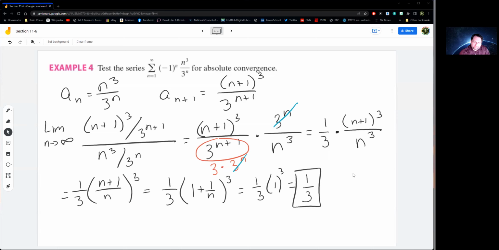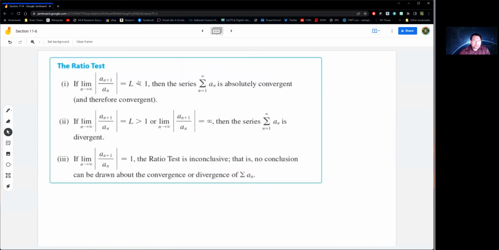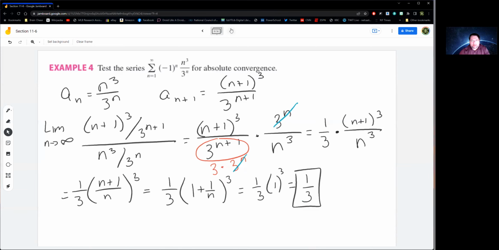All right. So 1/3, if we look at our ratio test, 1/3 is less than 1. So therefore it's convergent. So that means it's absolutely convergent.